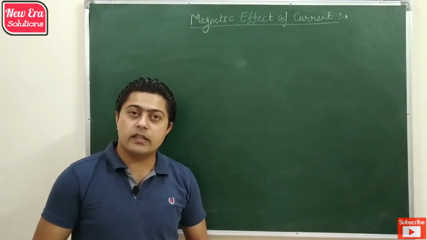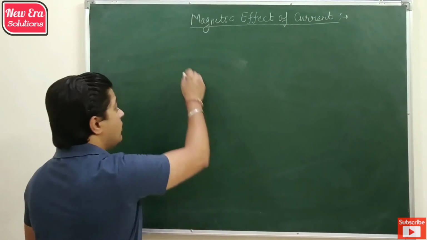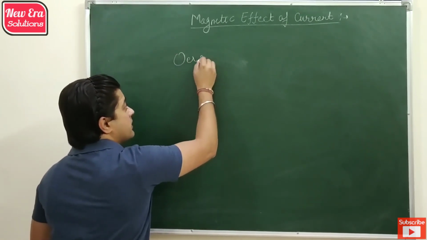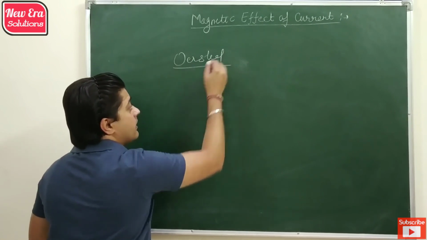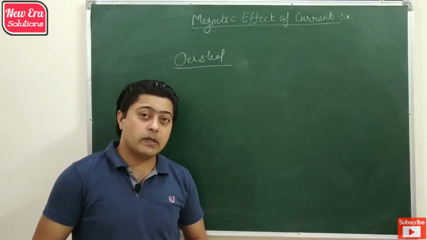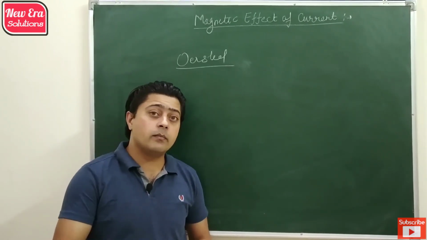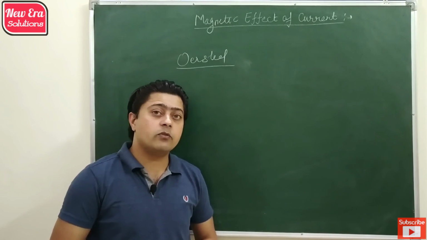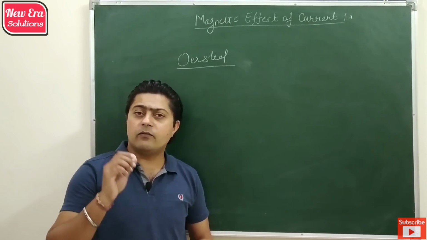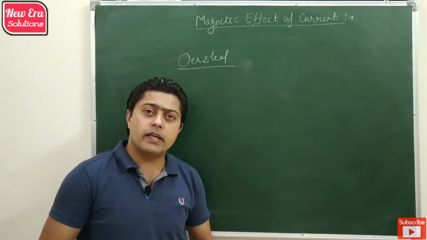So it is initially illustrated in Oersted experiment. In Oersted experiment, it was observed that when a magnetic needle is placed near a current carrying wire, then it shows some deflection when current flows through the wire, and when there is no current through the wire, the needle doesn't show any deflection.